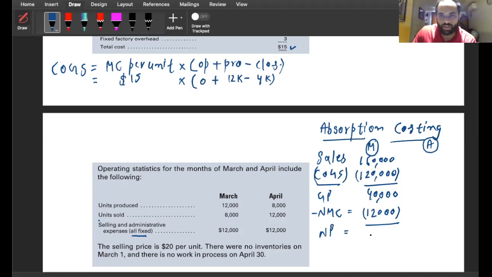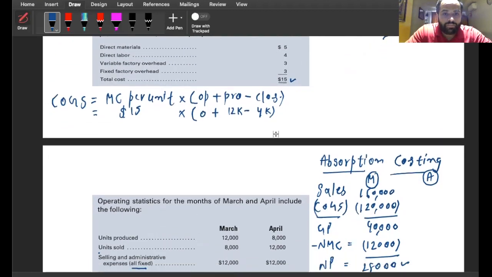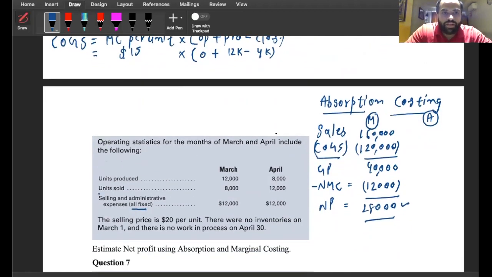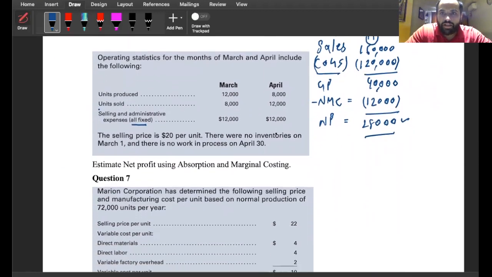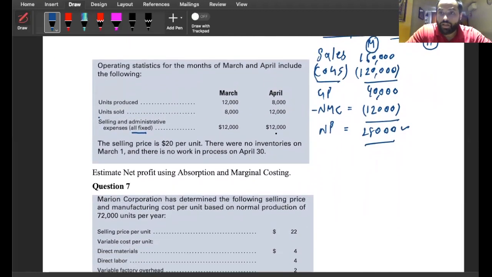Net profit is 28. Yes, that's your answer, right, for this question. So let's move on to the marginal costing, right? Marginal costing.